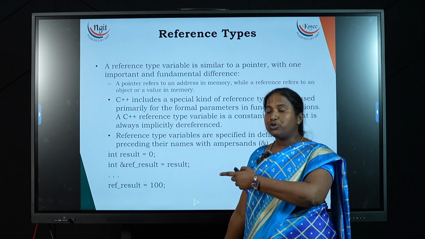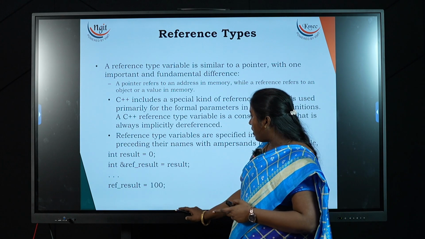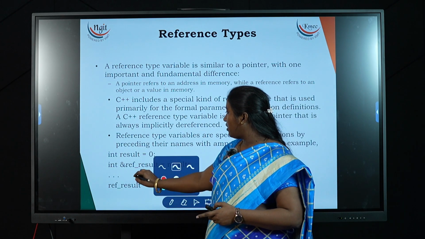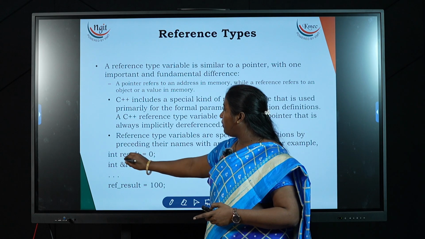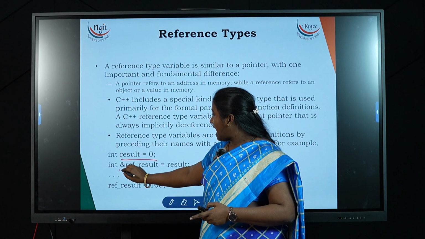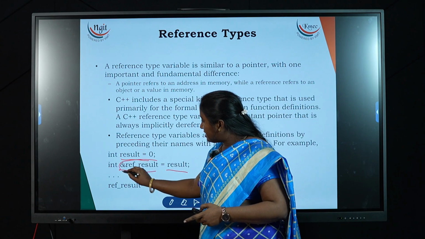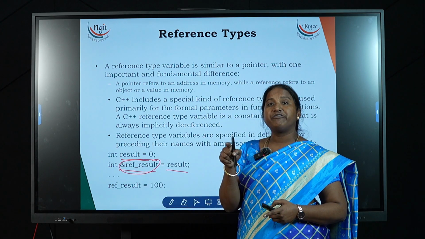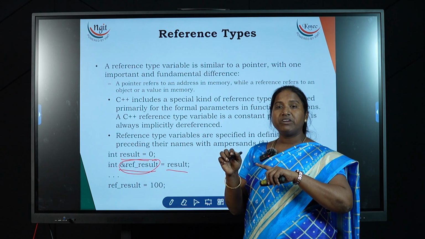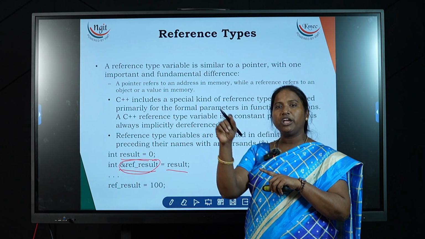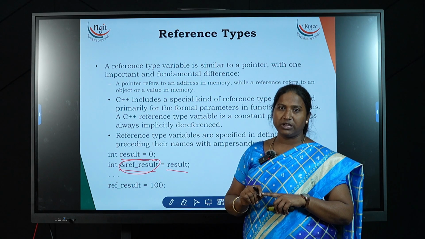In C++ you don't have that symbol; you have only the ampersand symbol. Now look at this: int result equal to 0; int ampersand reference result equal to result. Now we have only the referencing. We don't have any type of pointer. We are not pointing to any kind of memory address here.